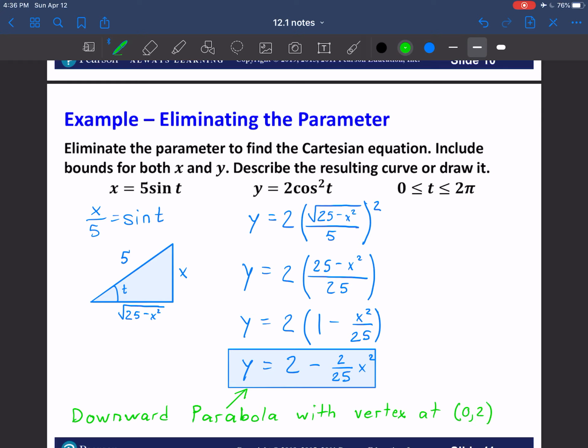Alright. The reason I know that there's a vertex at 0, 2 is because this is basically just your normal parabola, just shifted up 2 units, and it's slightly wider. Okay.